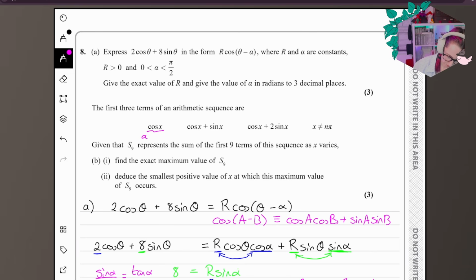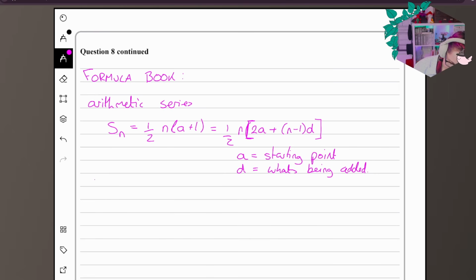And then each time it's adding sine of x. So our d here is sine of x. So a is cos x, d is sine x.